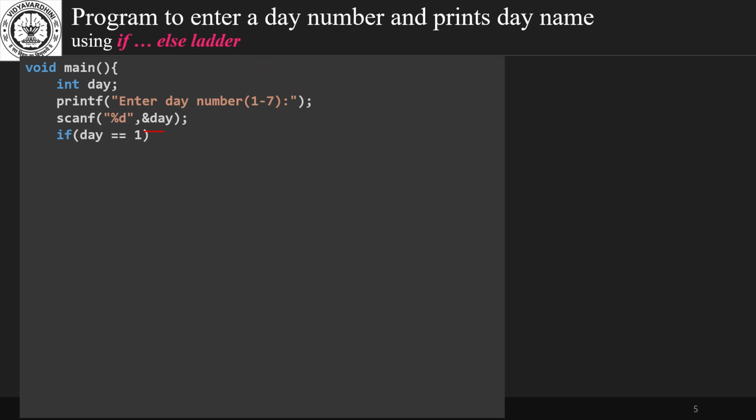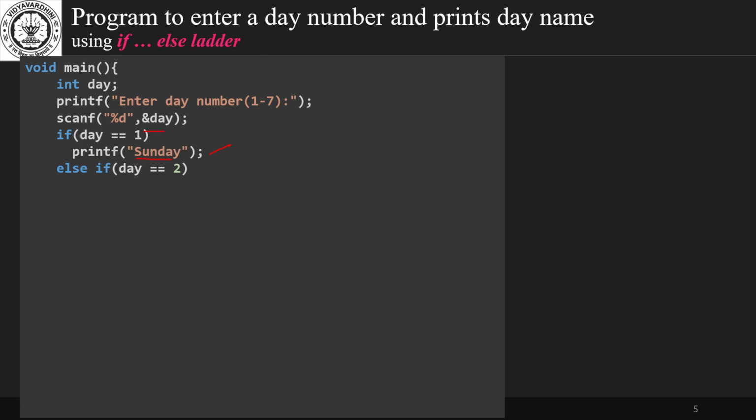Now the if condition: if day equal to 1, if this first condition is satisfied, then I'll write printf "it is Sunday". If the entered number is other than 1, it will go to the else part, which means the first condition is false.